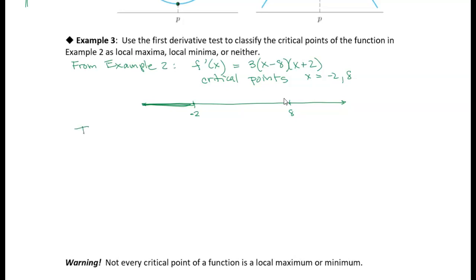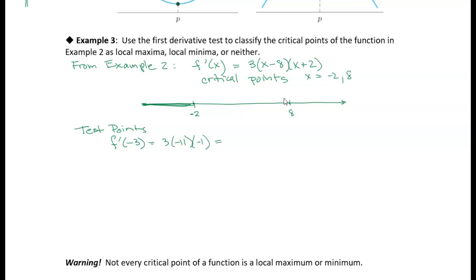So let's test a point to the left of negative 2. So I'm going to test points. Okay, so let's start out by testing f prime of negative 3. Okay, I want to know what is the value of the derivative to the left of negative 2. So I'm just going to put negative 3 into my function. All right, so negative 3 minus 8 is negative 11. And then negative 3 plus 2 is negative 1.